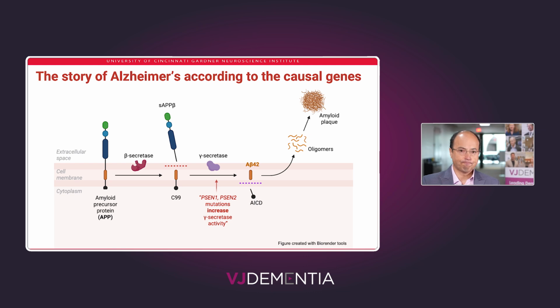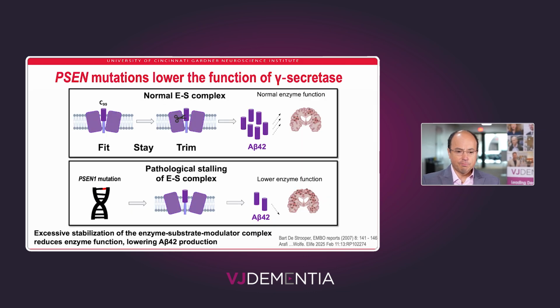That's the story. Now, this particular enzyme breaks down this large 99 amino acid peptide that comes from APP and essentially trims it into its 42 amino acid segment, giving rise to A-beta 42.